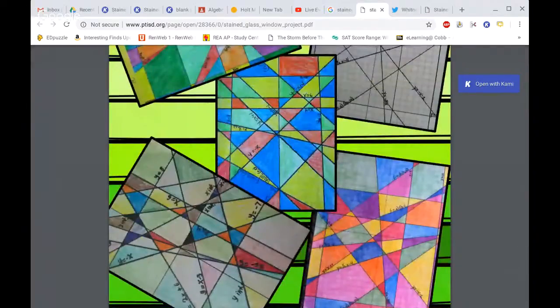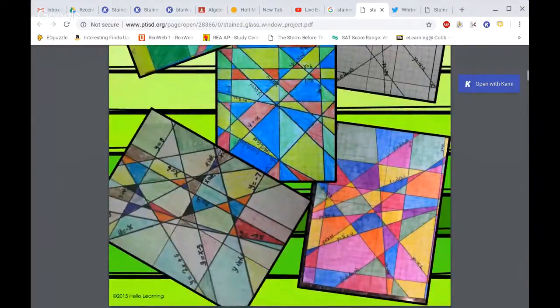Oh, wow. It has good examples. There you go. Oh, that's cool. Does that help you understand what it's supposed to kind of be like?